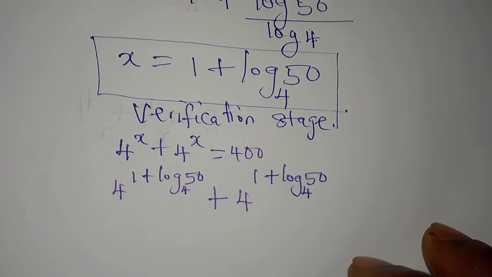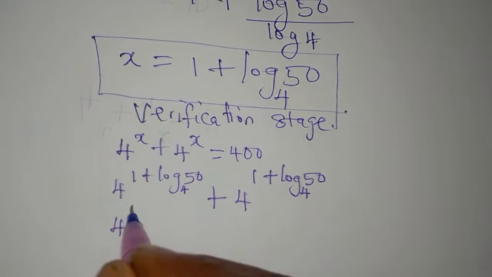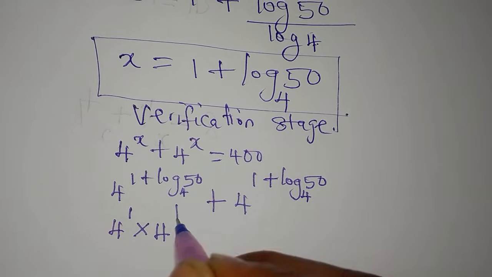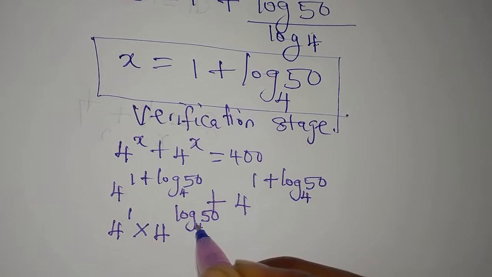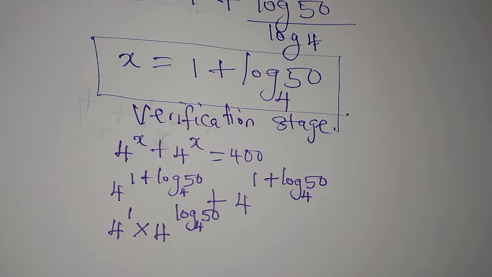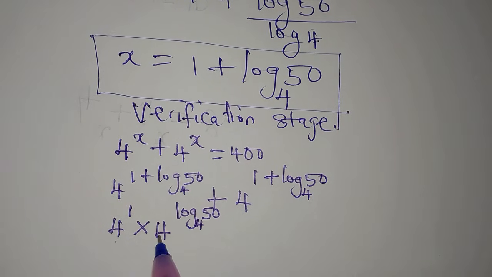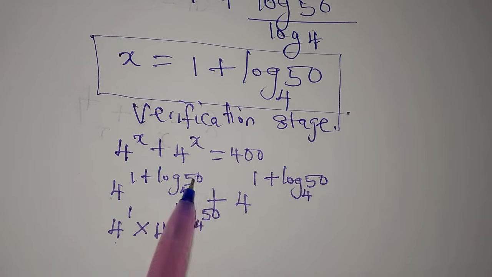Okay, now let's continue. From here we have 4 to the power of 1 multiplied by 4 to the power of log 50 to base 4. So what have I done over there? If you pick one of the bases, you're going to have 4, then you add the powers.